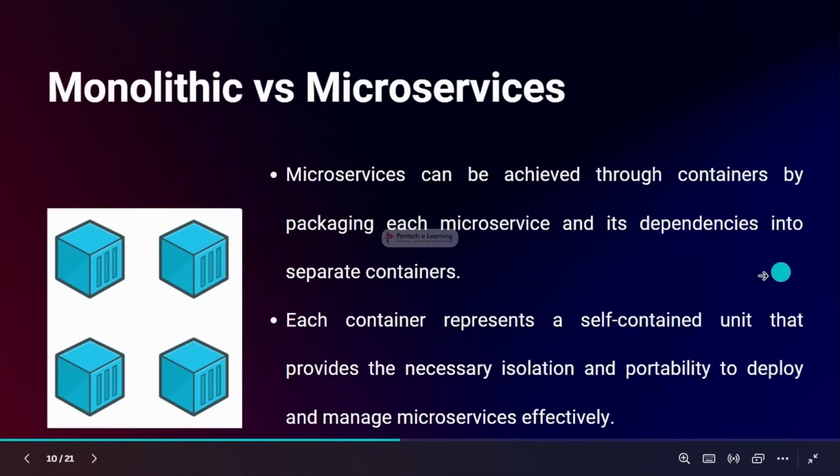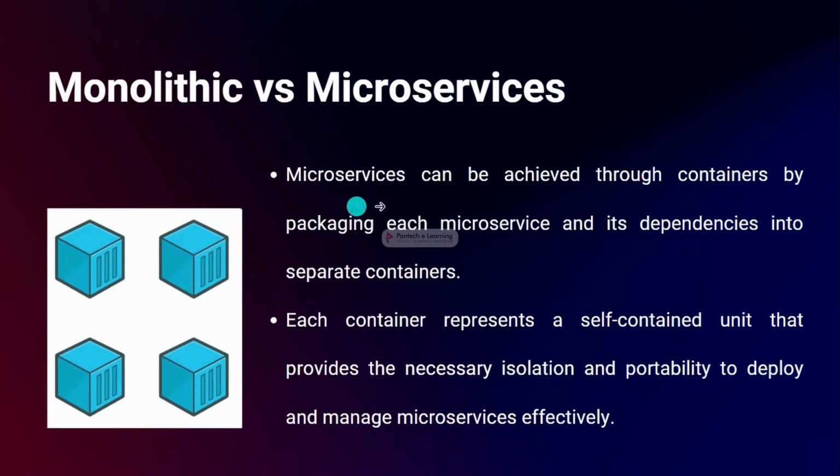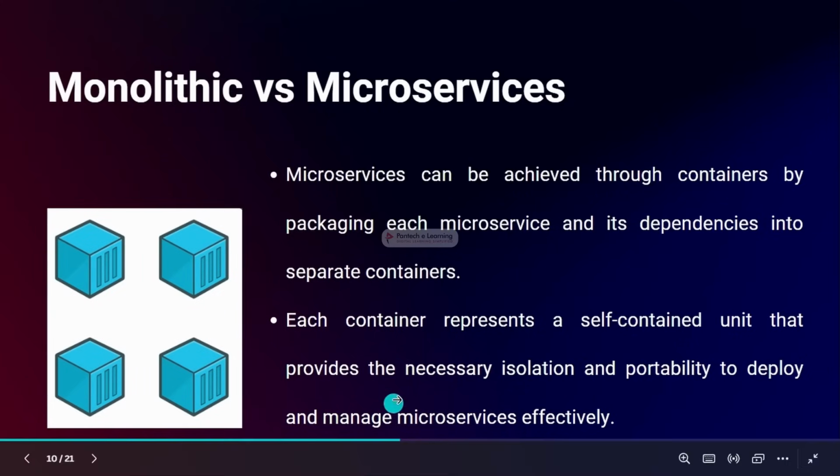Microservices can be achieved through containers by packaging each microservice and its dependencies into separate containers. Each container represents a self-contained unit that provides the necessary isolation and portability to deploy and manage microservices effectively.